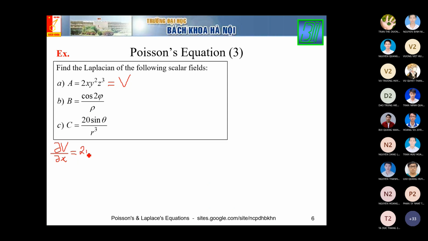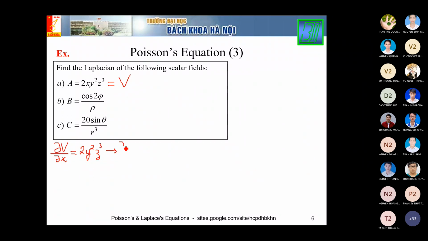Because we are taking the partial derivative, every other variable, y and z, is constant with respect to x, so they must stay intact in this way. Understand?